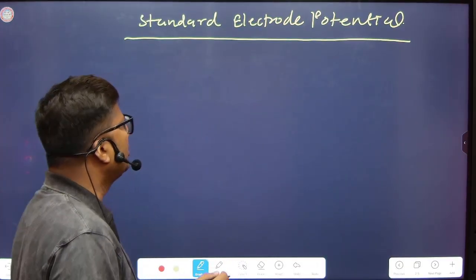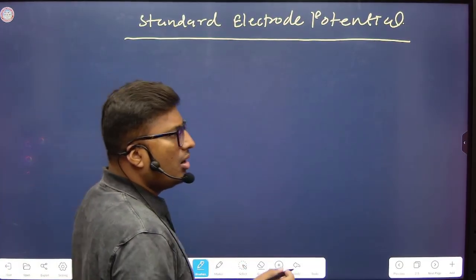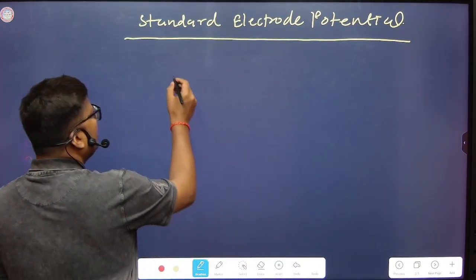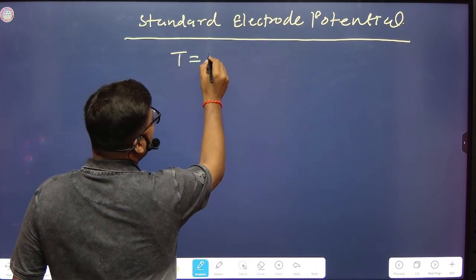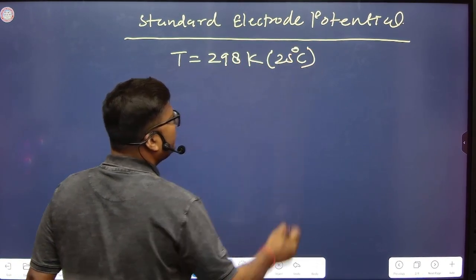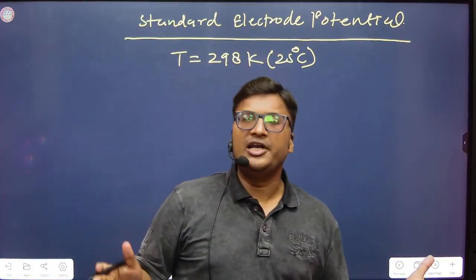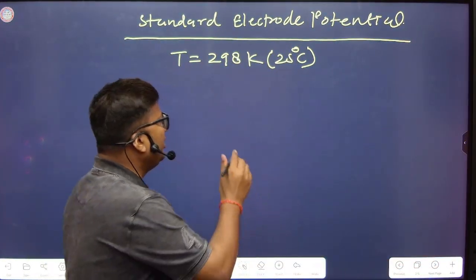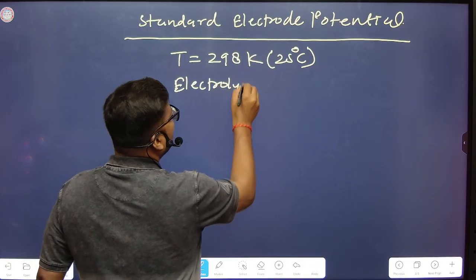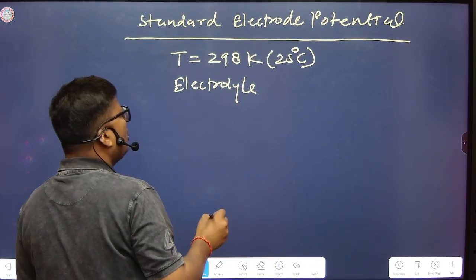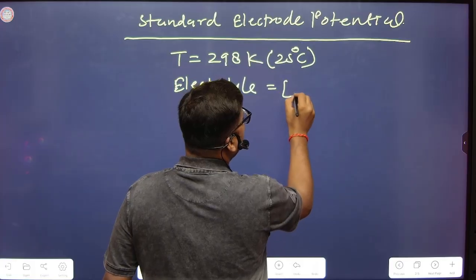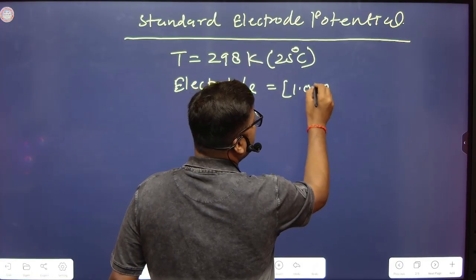Suppose we are measuring the electrode potential at the standard state. Standard state means the temperature of the electrolyte solution must be 298 Kelvin, which is 25 degrees centigrade, and the electrolyte contains positively and negatively charged ions, both with a concentration equal to 1.0 molar, right?